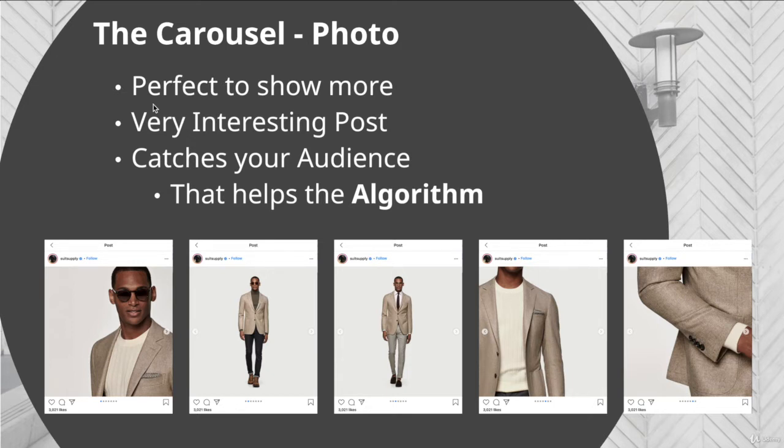The algorithm will push your content so that more and more people see your content and stay long on Instagram. That's the whole idea about Instagram, to keep people on the platform. And by choosing a carousel, you help the Instagram algorithm to see people are staying longer on your content.